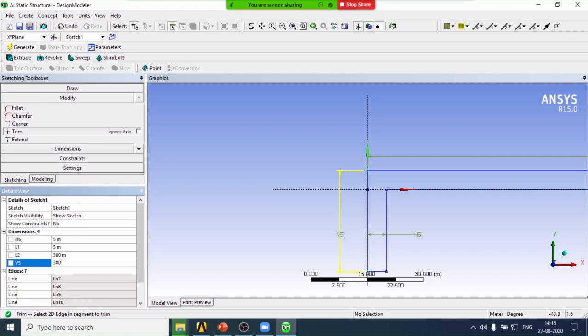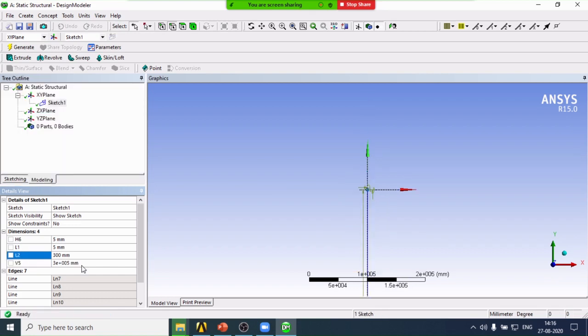Initially I did not select a unit, so it took meters as the unit. Here you can select a name. This kind of small mistake we may make, so we need to remove this once again. Here I'll put 5 mm. Here it is 300, because it is converted into meters.